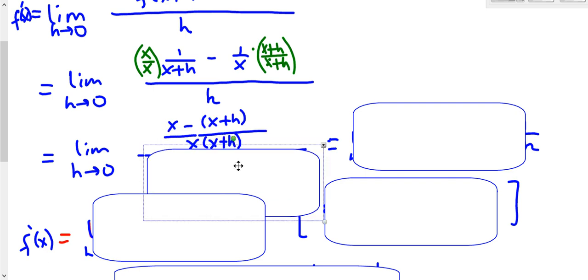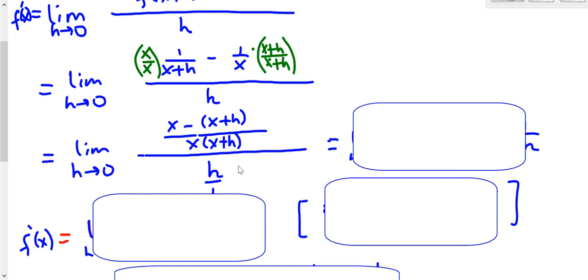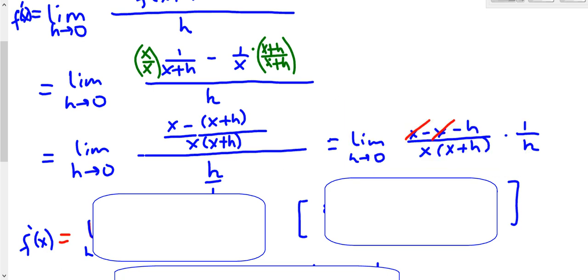Notice that those two quantities now have the same common denominator, and that common denominator is x times x plus h. That's my denominator. In the numerator, x times 1 is x. And don't forget that minus will be distributed. Negative 1 times x is negative x. And negative 1 times h will be negative h, which I will simplify in the next step as such.